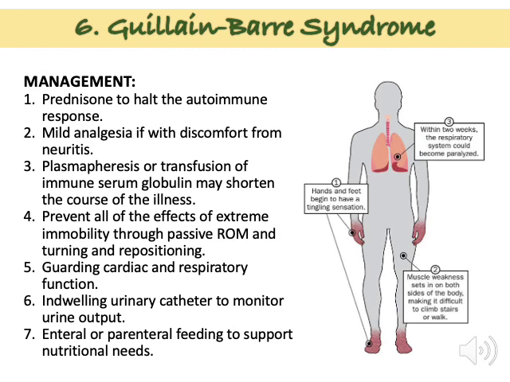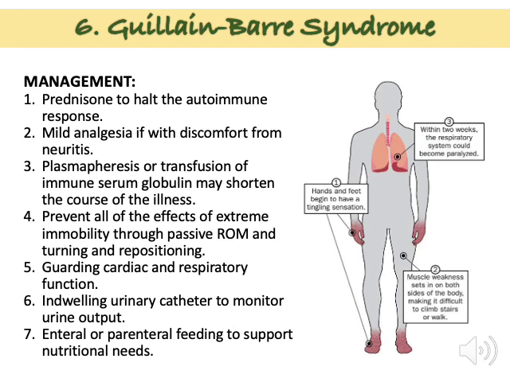It's important also to prevent all the effects of extreme immobility through passive ROM, turning and repositioning frequently. Most importantly, we guard the cardiac and respiratory function using ventilators, and this requires an ICU care.